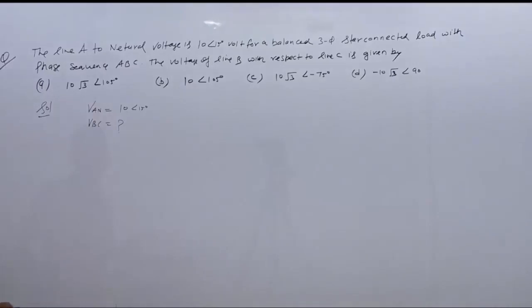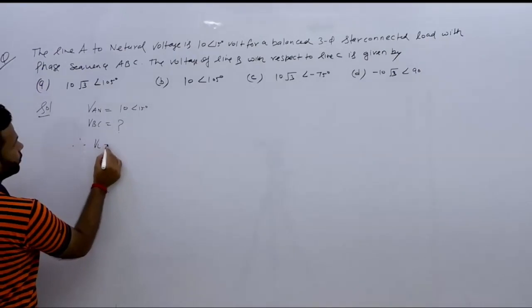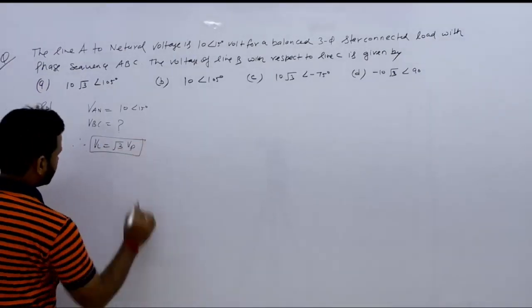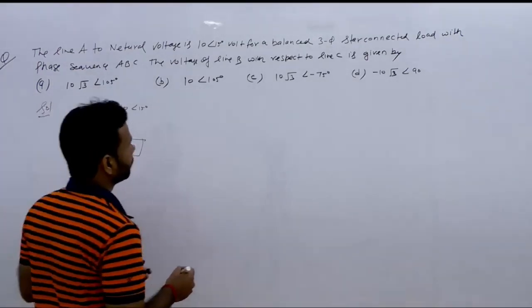Now first thing that is in your mind, in star connection line voltage is √3 times of phase voltage. So in that option there is √3, that will be correct. Okay, so your B option is wrong, but let's find how to calculate this voltage.